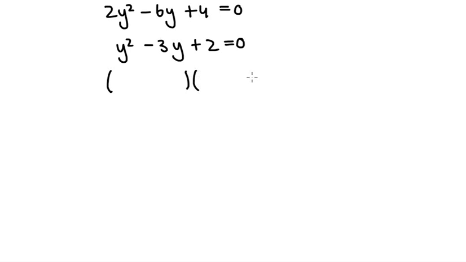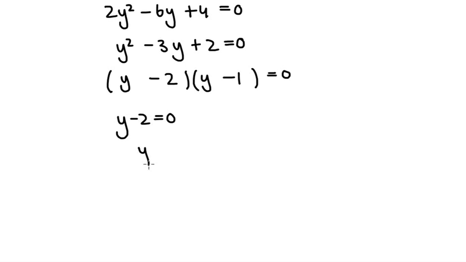So we have a quadratic equation, so we factorize first. (y minus 2)(y minus 1). I let each factor be equal to 0 and solve for y. So y minus 2 equals 0, therefore y is equal to 2. y minus 1 equals 0, therefore y is equal to 1.